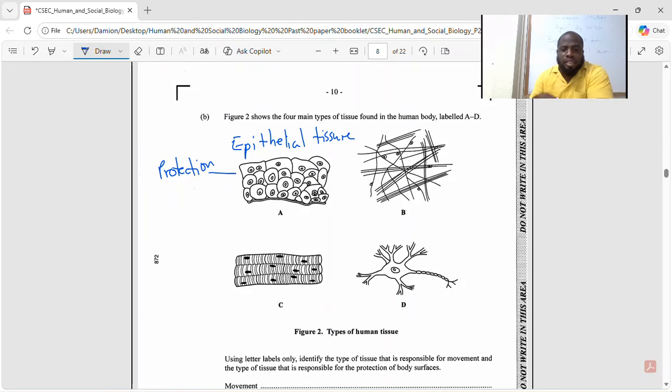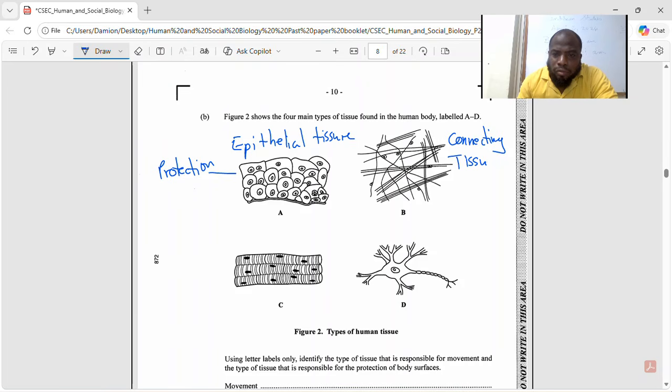We have our connective tissue, we also have our nervous tissue, and of course we have our muscle tissue.